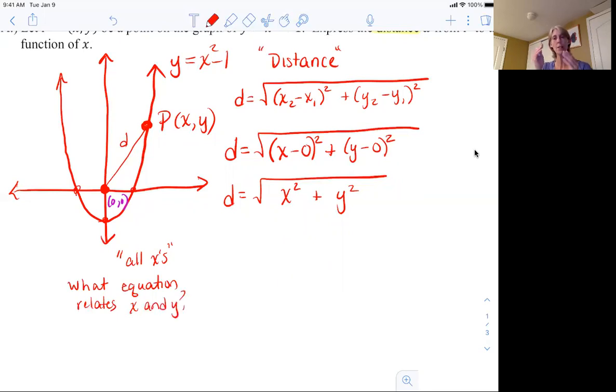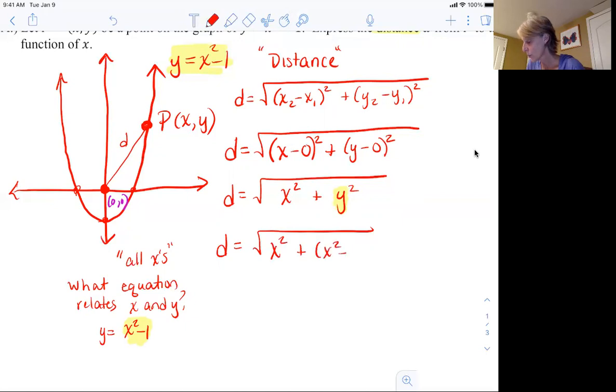I need to figure out a way that I can substitute my y value for x's. And if I go back up to my initial equation I was given, doesn't y equal x squared minus 1? So what I can do now is replace y with x squared minus 1.